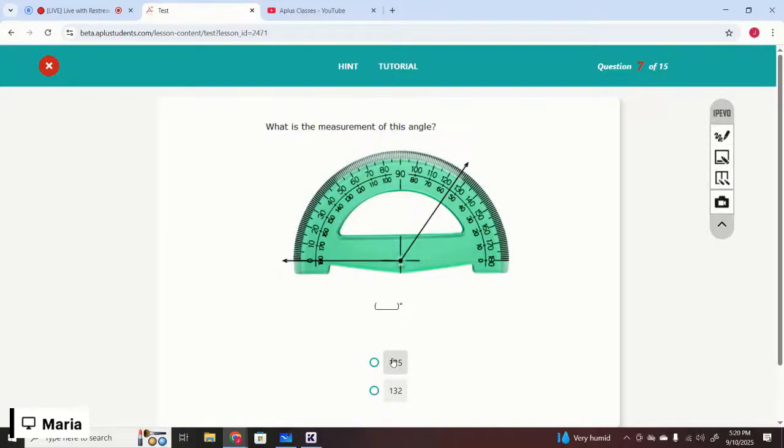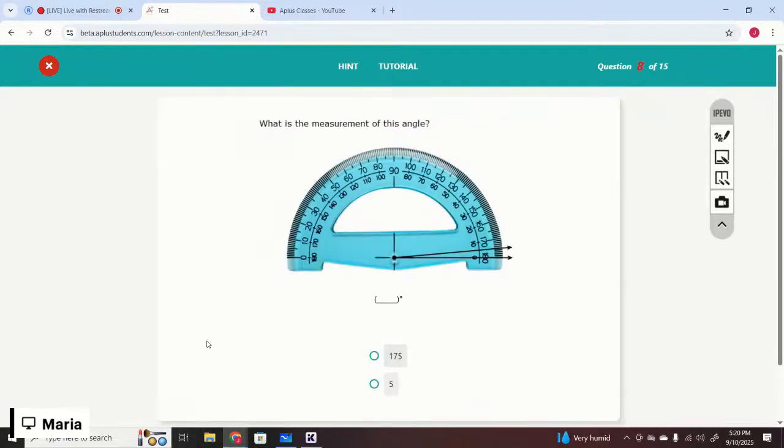That is 125. Option number one is the correct option. Okay, you can complete the lesson by yourself later today. Let me just move to the next lesson.